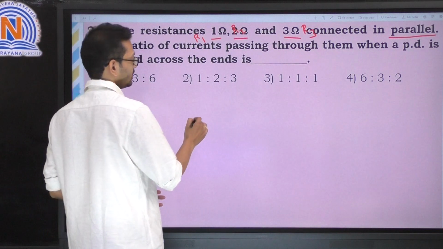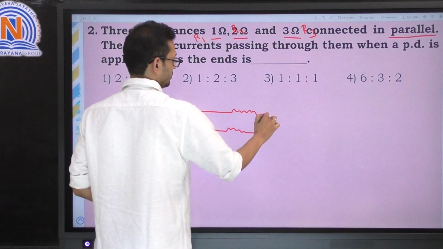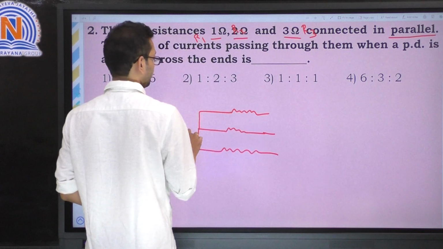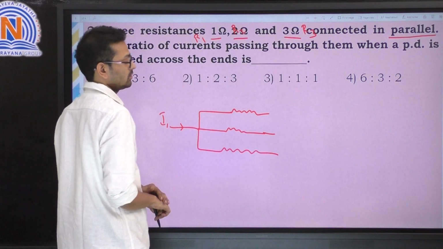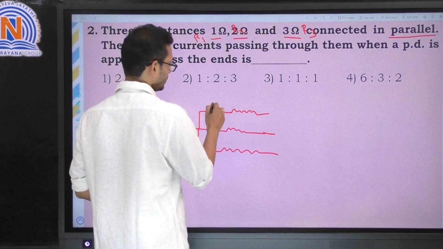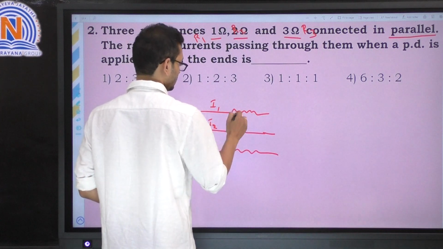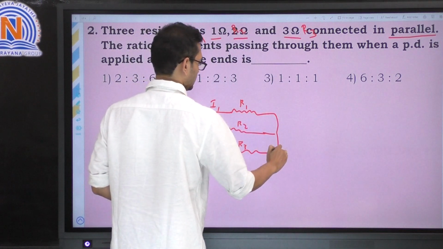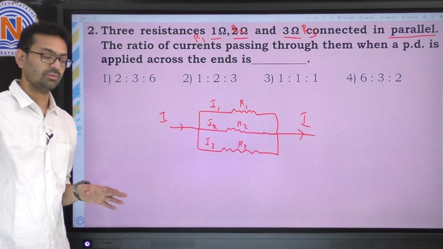Let us take that these are all connected in parallel. This is R1. Now let us give it some current I. We'll take it as I, and here it is going to split into I1, I2, I3. So this is R1, R2, R3, and again they come back with I. The current entering is equal to the current leaving.